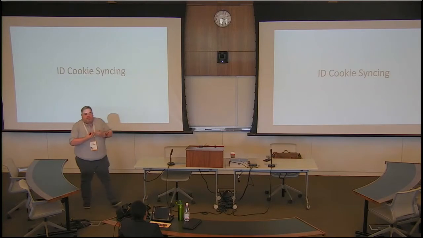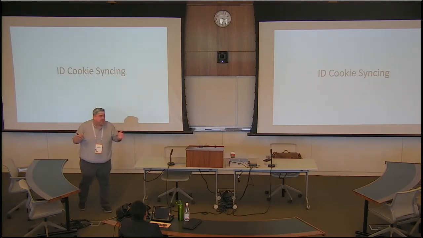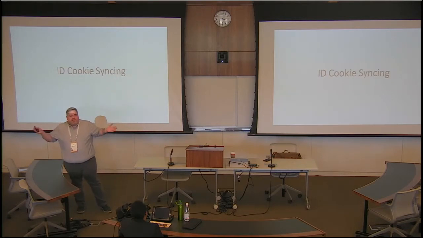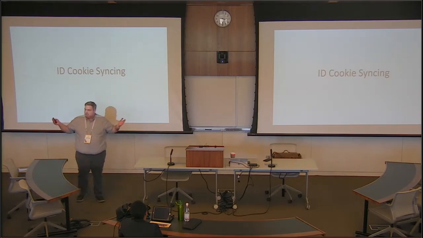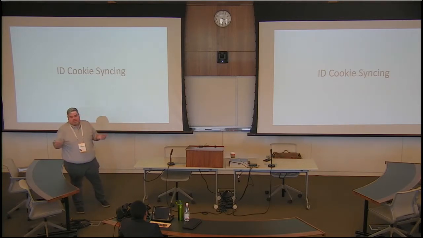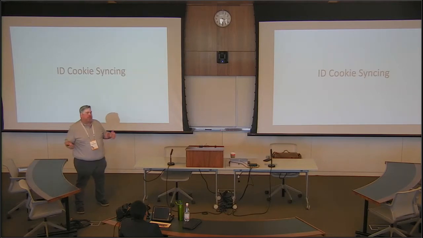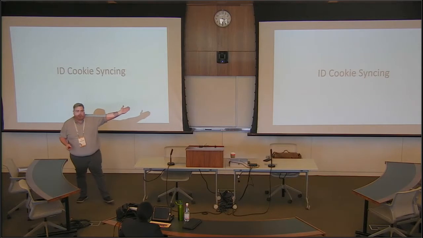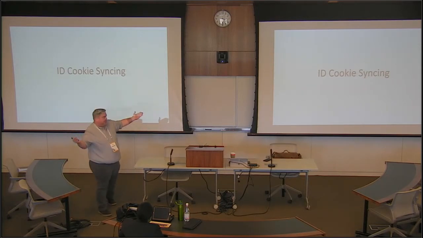So while Google and Facebook would never sync their cookies together because they're big competitors, theoretically, Google and Facebook could set the same cookie ID and then behind the scenes say, what do you have on this person? Here's what I have. And then they have a much fuller picture of everything that you visited, because any sites that Google is not present on and not seeing your cookie in your browser, Facebook might be seeing it. And so then that can get you a more complete picture.